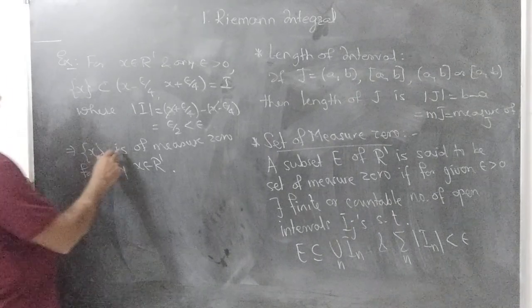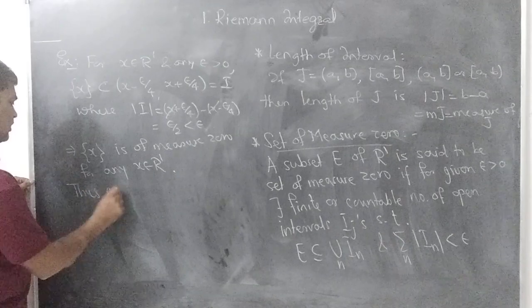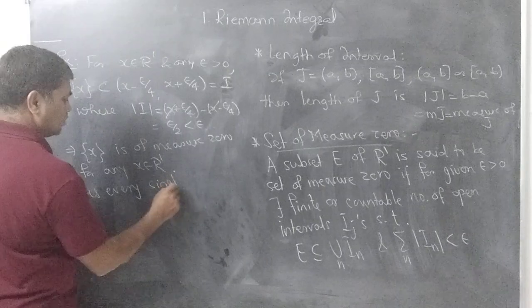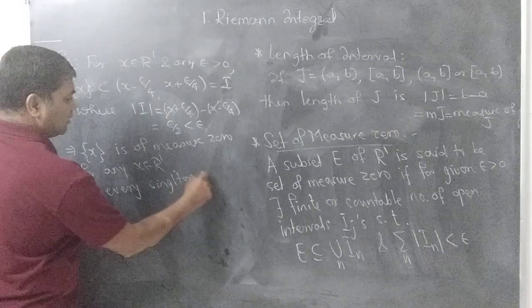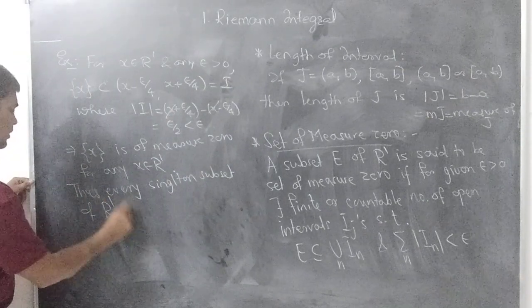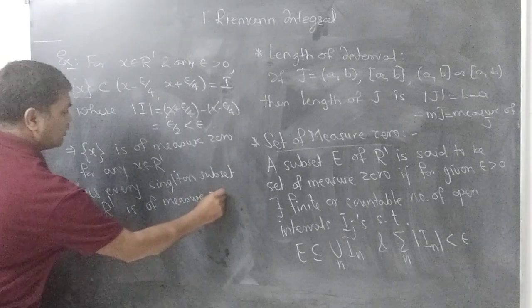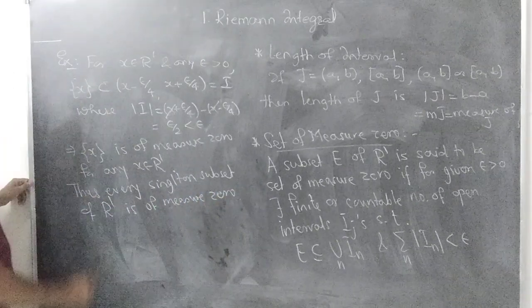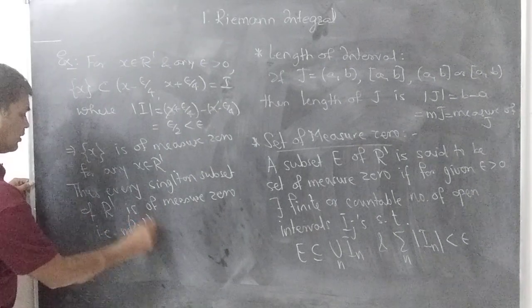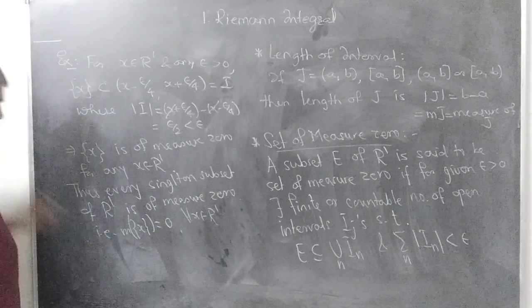Thus every singleton subset of R1 is of measure 0, that is, the measure of {x} is 0 for any x belongs to R1.